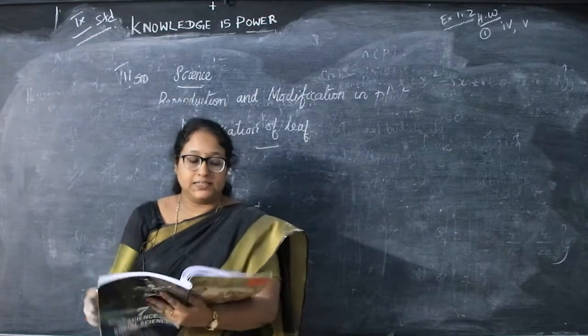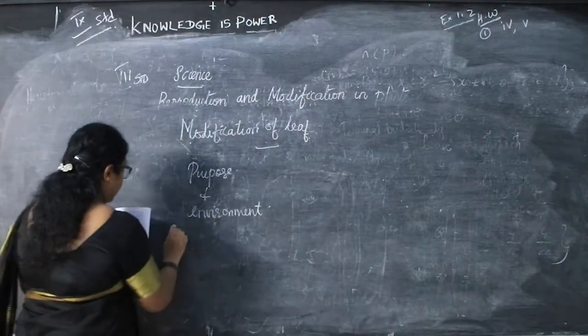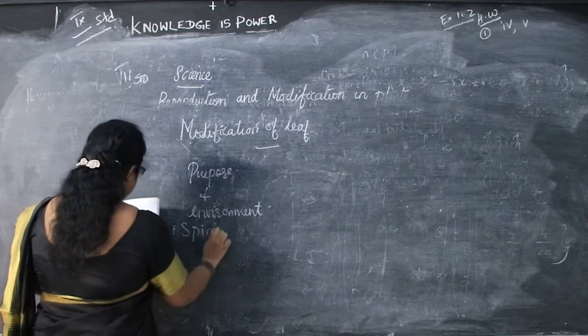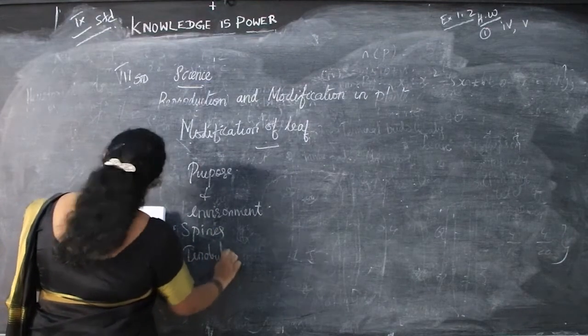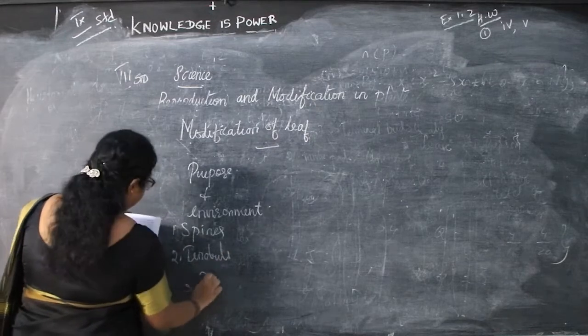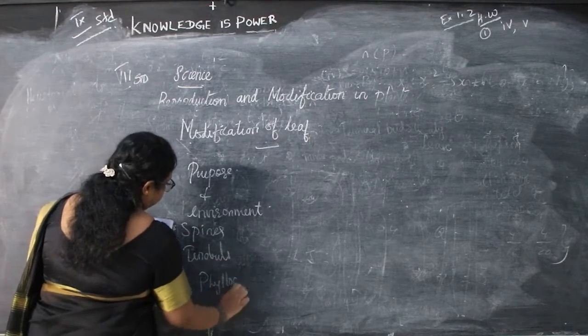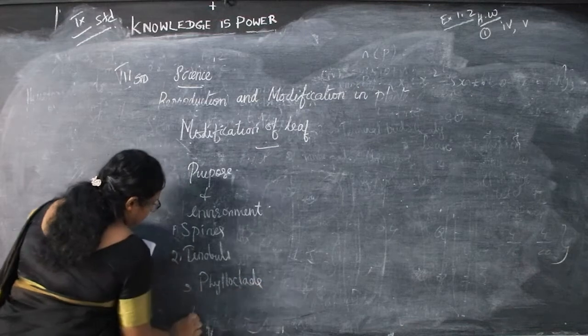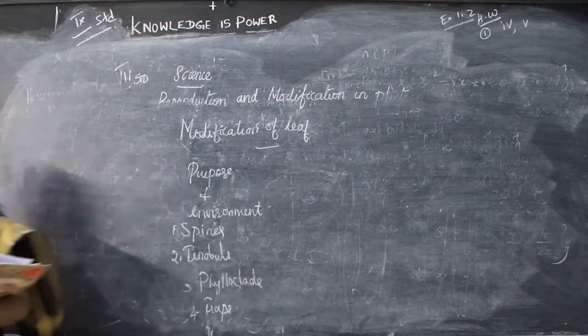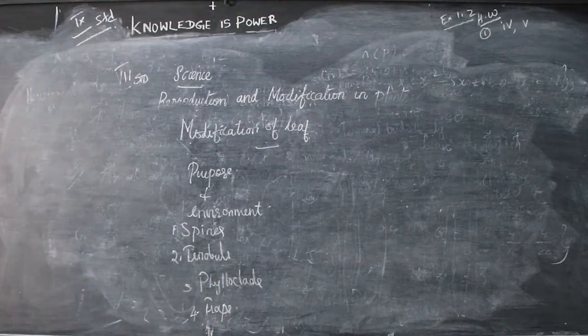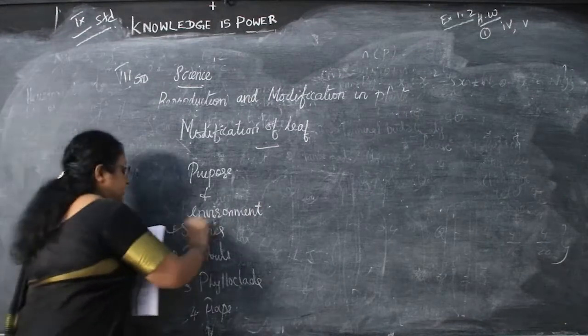That is, first is spines, tendrils, phylloclade and traps. Now, first we will see the spines.